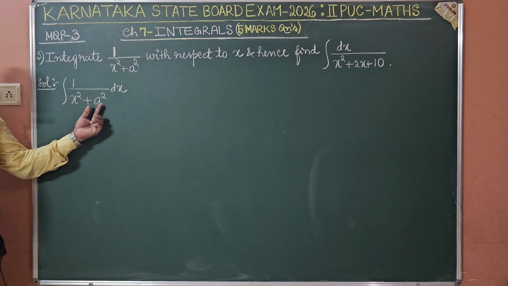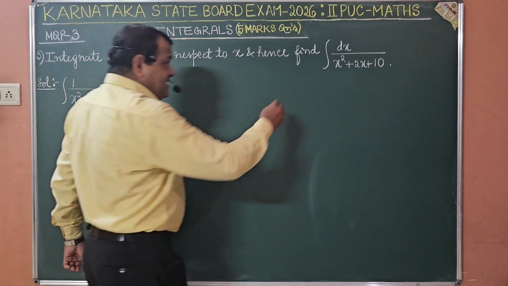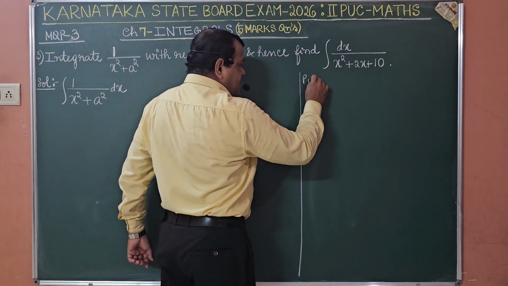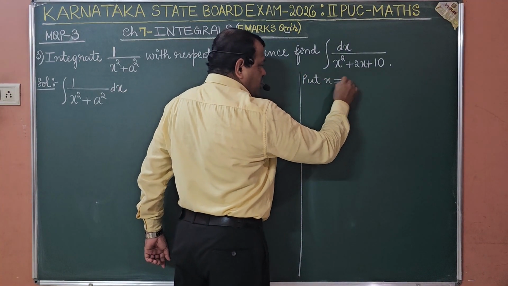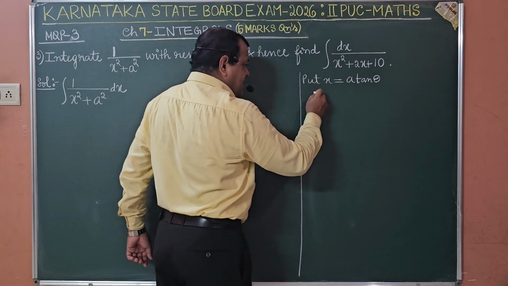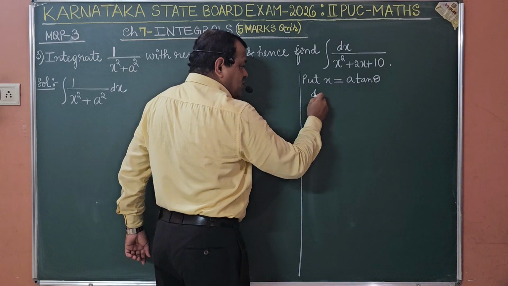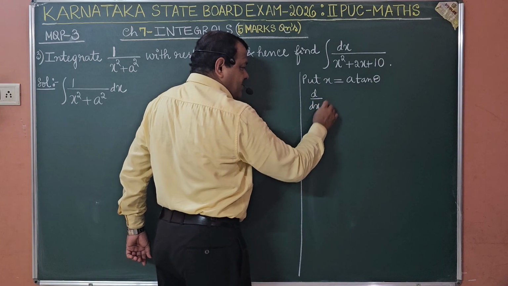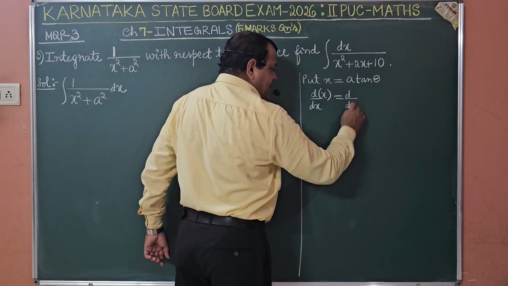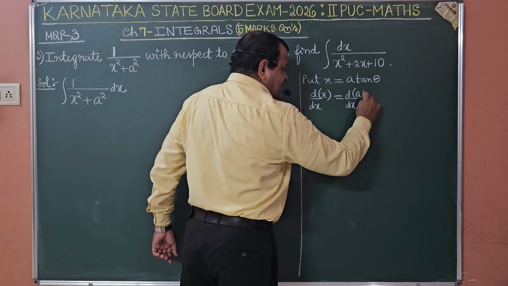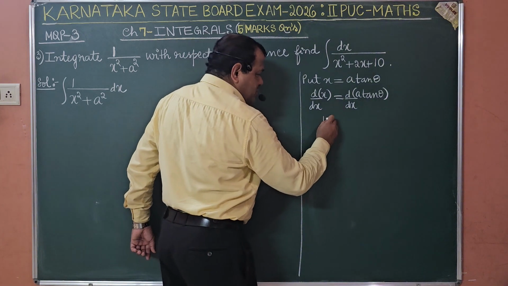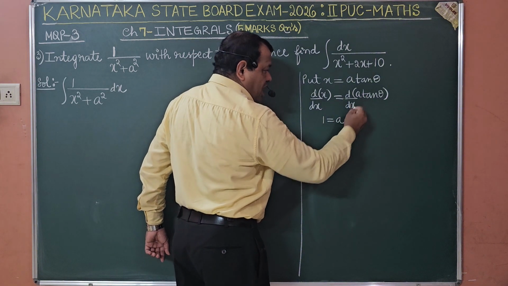You can observe this is plus x square, this is plus a square. Therefore, whenever such a term is present, the substitution to be done is put x equal to a tan theta. This I differentiate with respect to x, both sides. So d by dx of LHS x is d by dx of right hand side a tan theta. Dx by x is 1. This a is a constant.